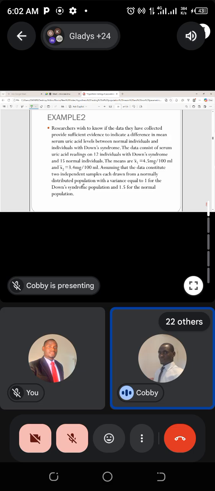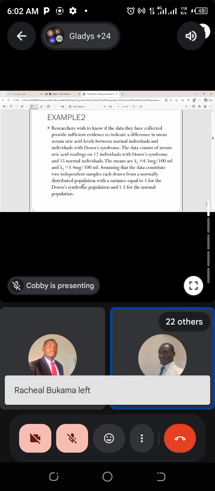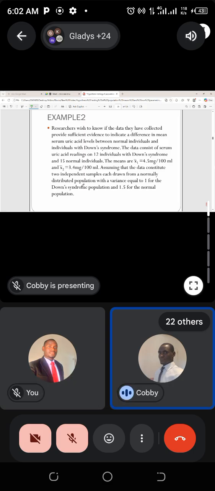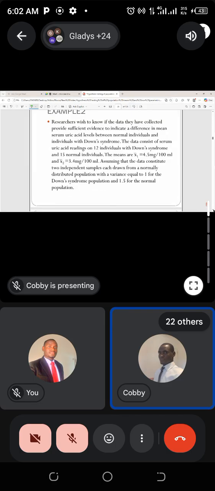So now we need to test if these have different means. Anyone who can explain this question, who has understood? Okay, so we have two samples, right? Two populations. We have a population of individuals with Down syndrome, and the normal individuals.